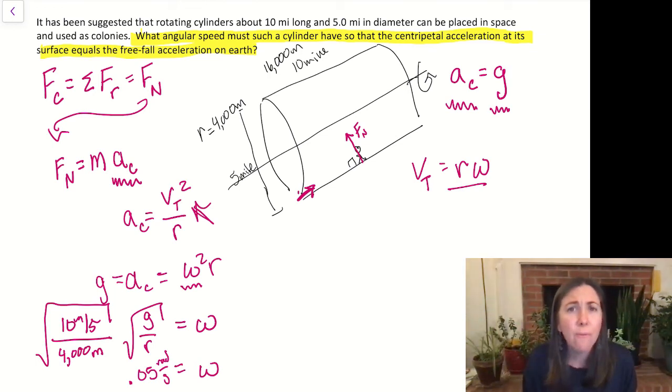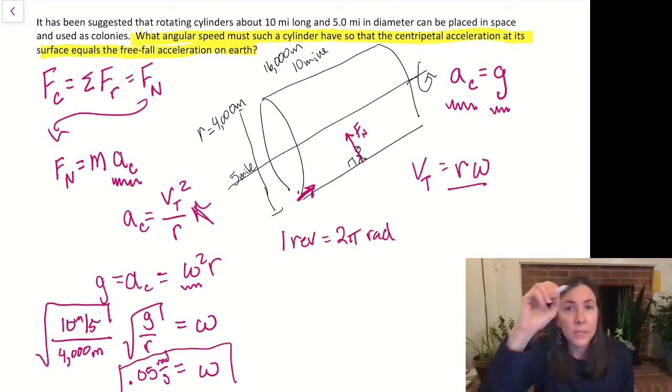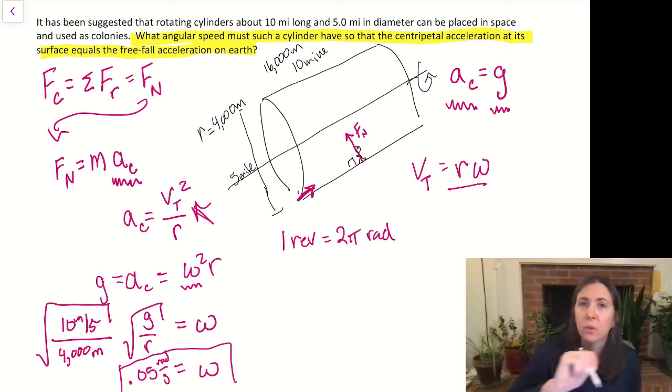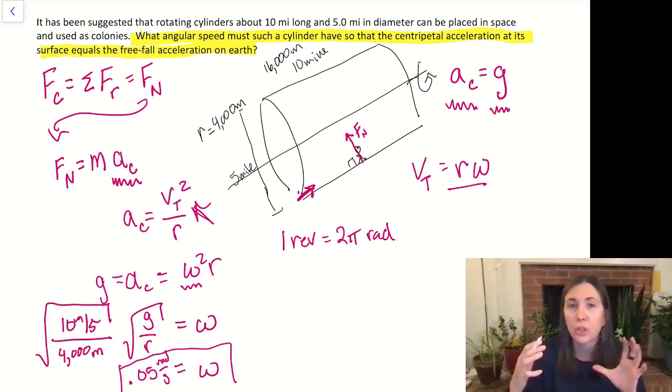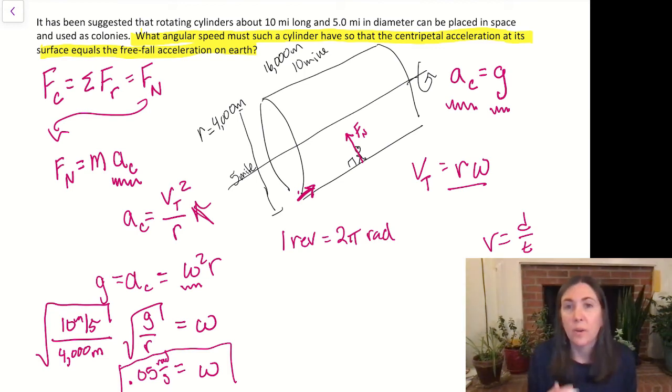Okay, how fast is that? A good question might be what's the time it takes for this big drum cylinder to go once around? So 2 pi radians is our distance. If velocity equals distance over time, then time is the distance divided by the velocity.